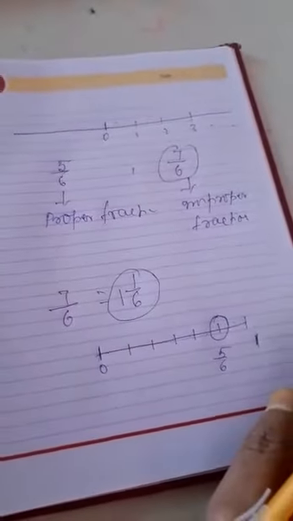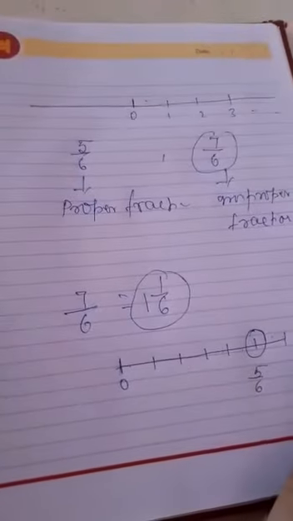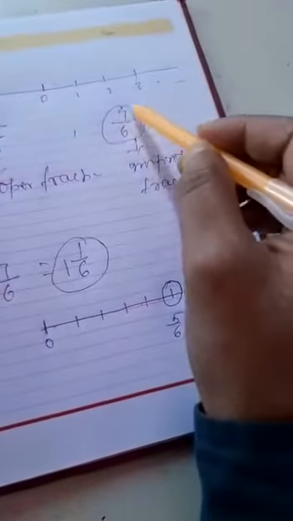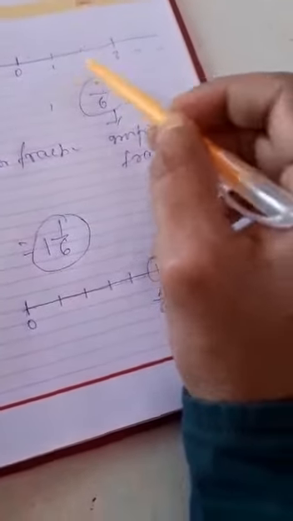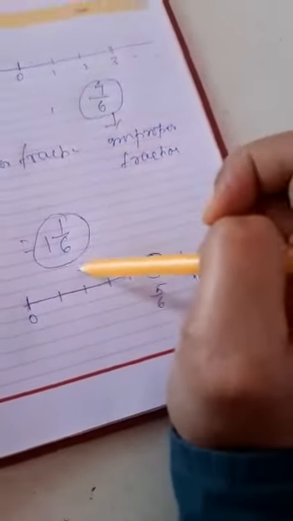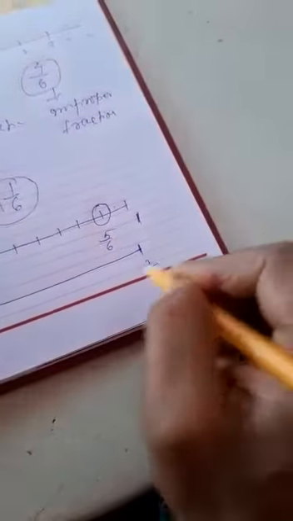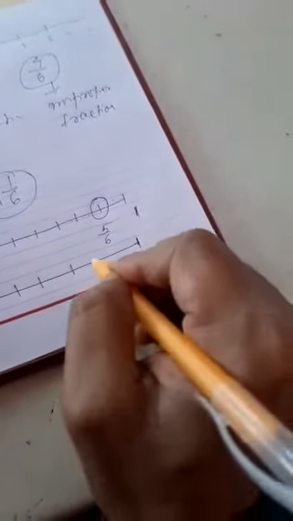And what about the improper fraction? First it is changed into a mixed fraction, and after that it is very easy to spot. I gave you the example 7 by 6, which is 1 whole 1 by 6, so it lies between 1 and 2. Here I write 1, here 2, and divide it into 6 equal parts: 1, 2, 3, 4, 5, 6.